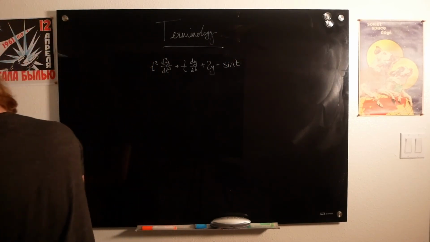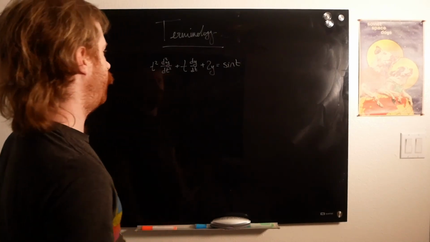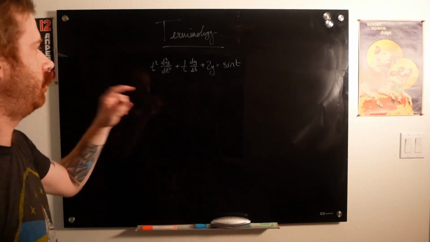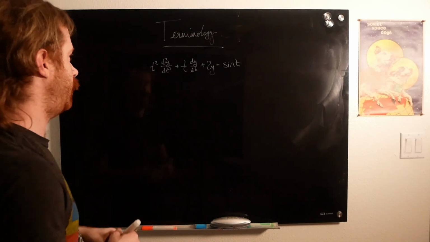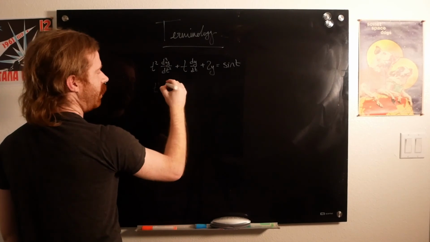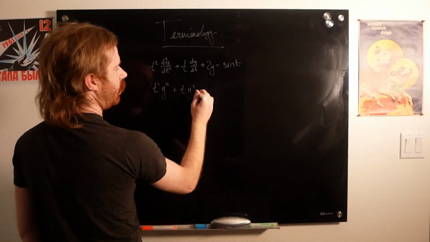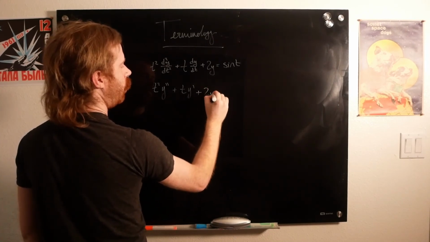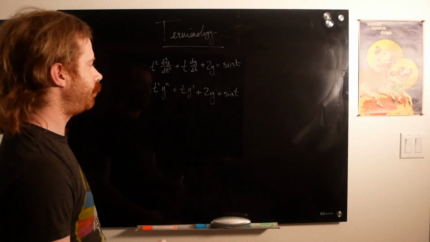If you'd like, you can rewrite it out of the Leibniz notation back to the, I guess, Newton notation. So you have t squared y double prime plus t y prime plus 2y equals sine of t.